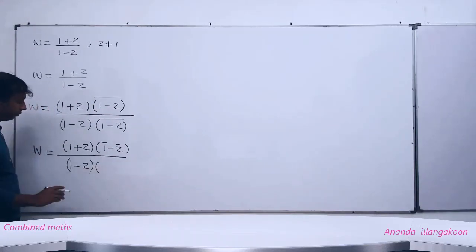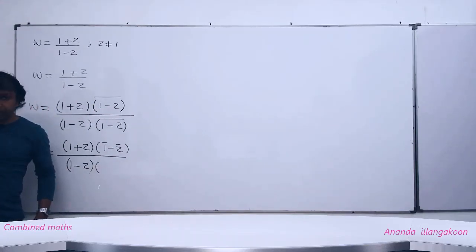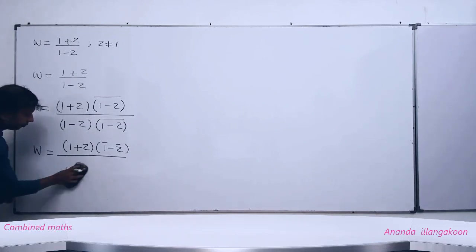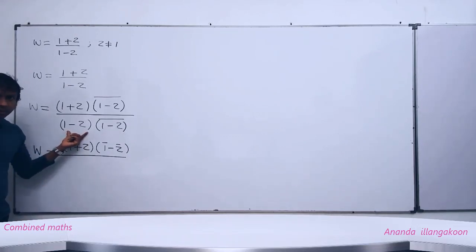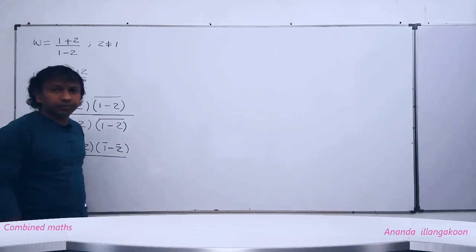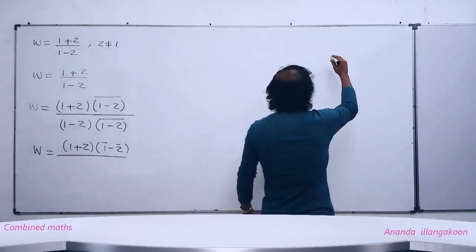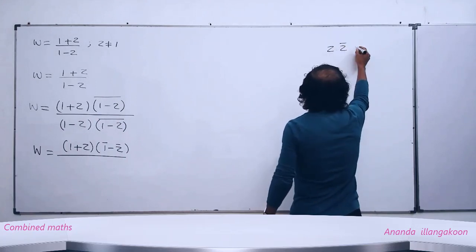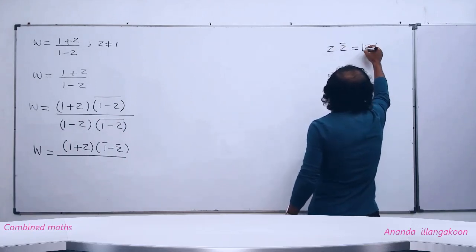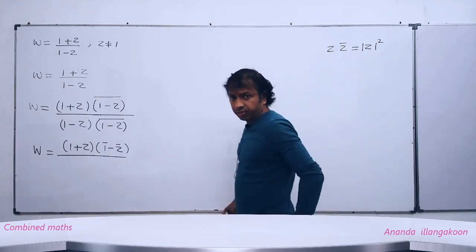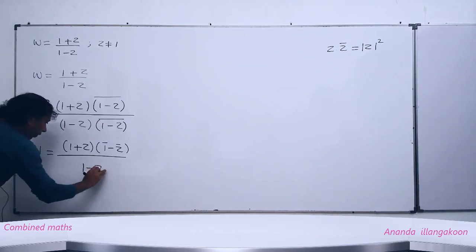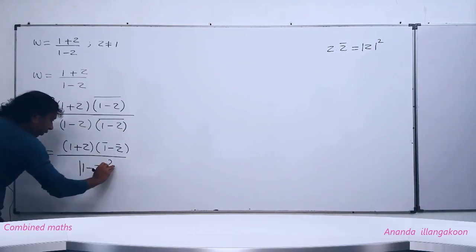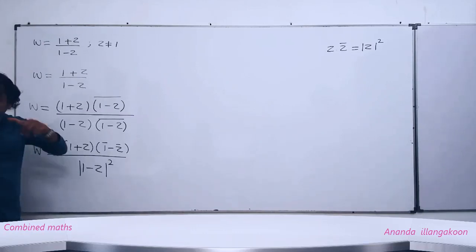Here, the denominator, 1 minus z is a complex number multiplied by its conjugate. You know, when a complex number is multiplied by its conjugate, what is the result? Mod z squared. So therefore, this is modulus of 1 minus z, perfect square. This is what we get.